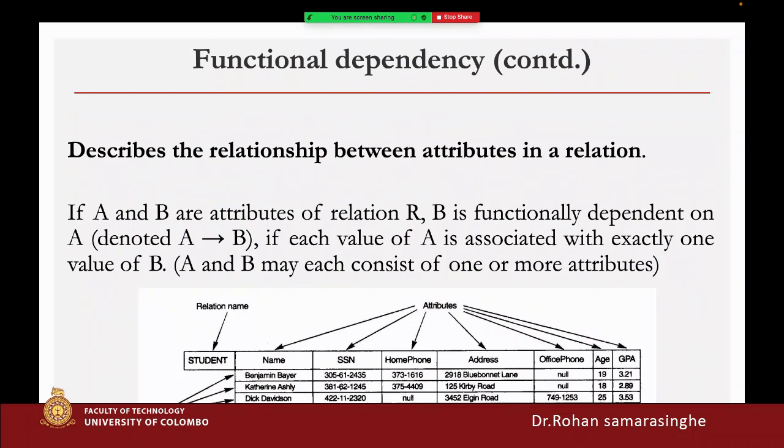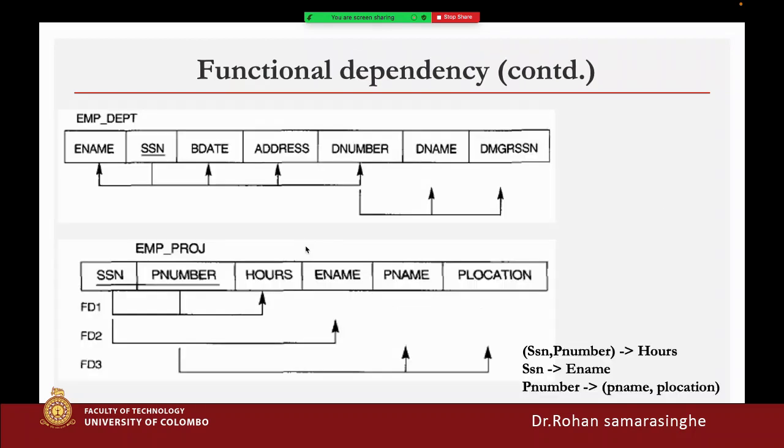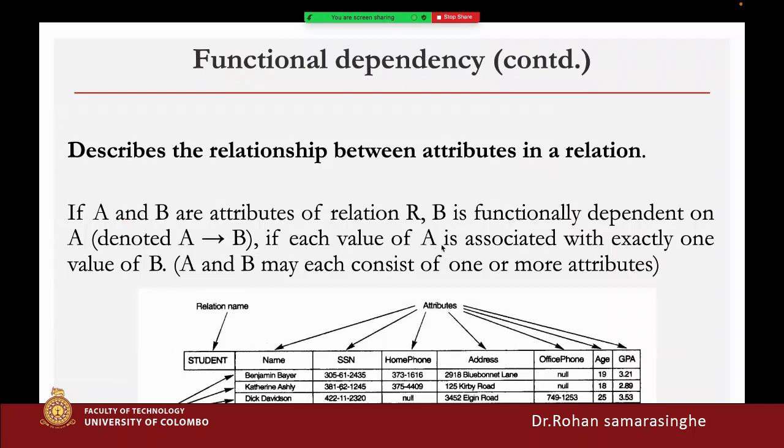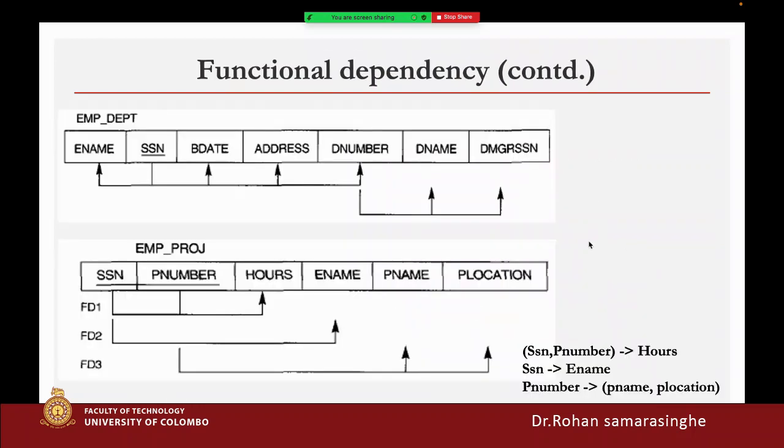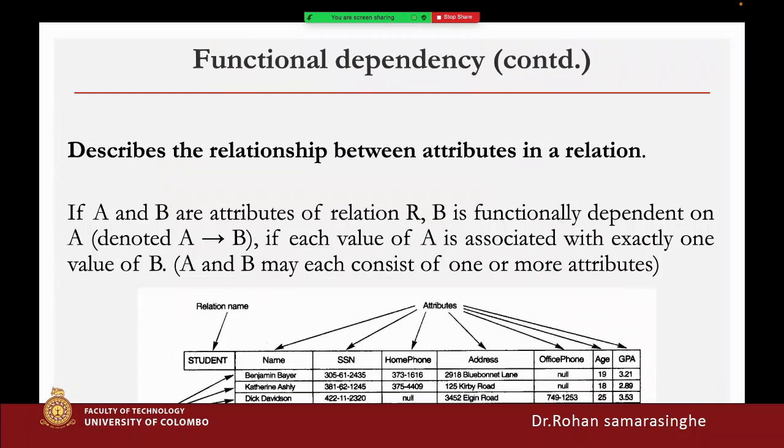If A and B are attributes of relation R, for example name and SSN, where R is a student, B is functionally dependent on A. We denote A implies B if each value of A is associated with exactly one value of B. A and B may each consist of one or more attributes.